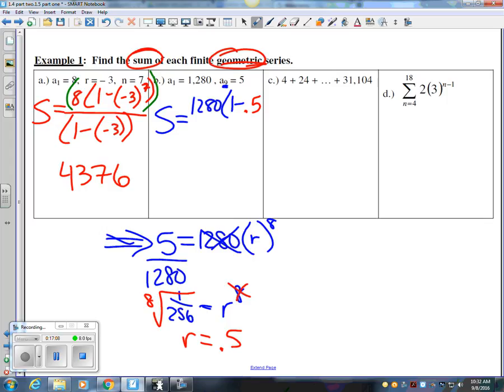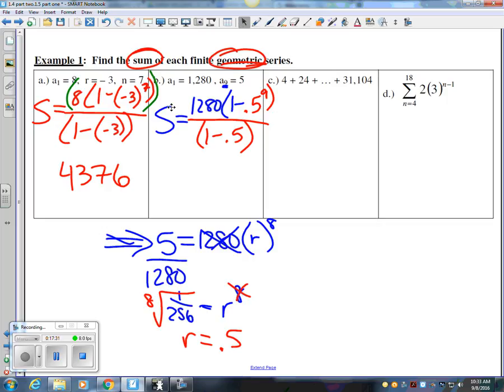So 0.5. Jacob, to what power? What's our N? So this one, you don't do N minus 1. It's just N. So it'd be 9. And then on the bottom, 1 minus 0.5. Okay.